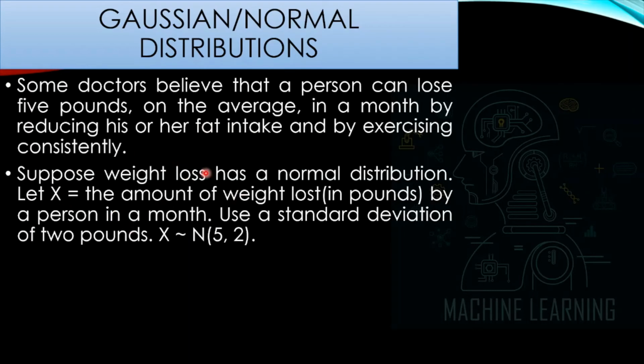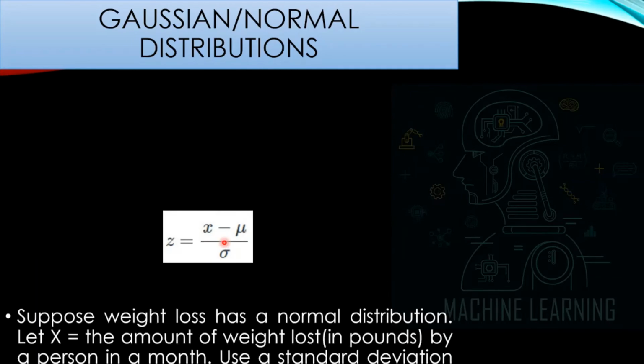Now, suppose the weight loss is normally distributed. Let X be the amount of weight lost in pounds by a person in a month, and X is normally distributed as (5, 2). That means 5 is the mean and 2 is the standard deviation. So how do we calculate the z-score?